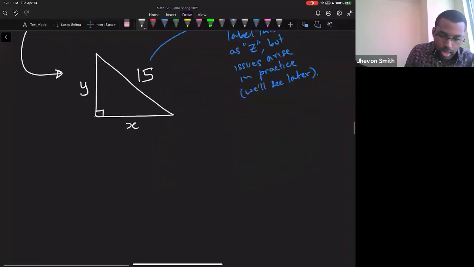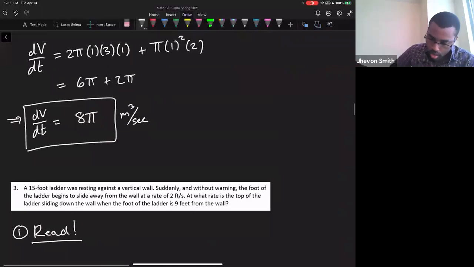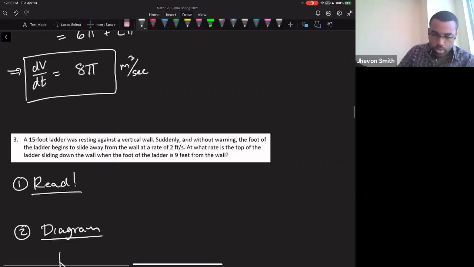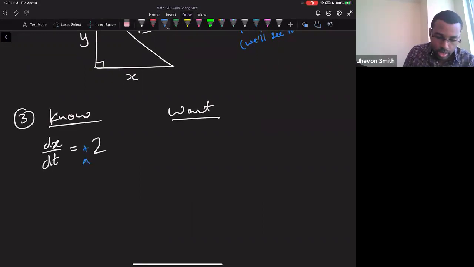So we'll move on to step 3. Write down what we know, what we want. What do we know? We know the foot of the ladder is sliding away from the wall at 2 feet per second. So X is changing by 2. It is positive because X is increasing.